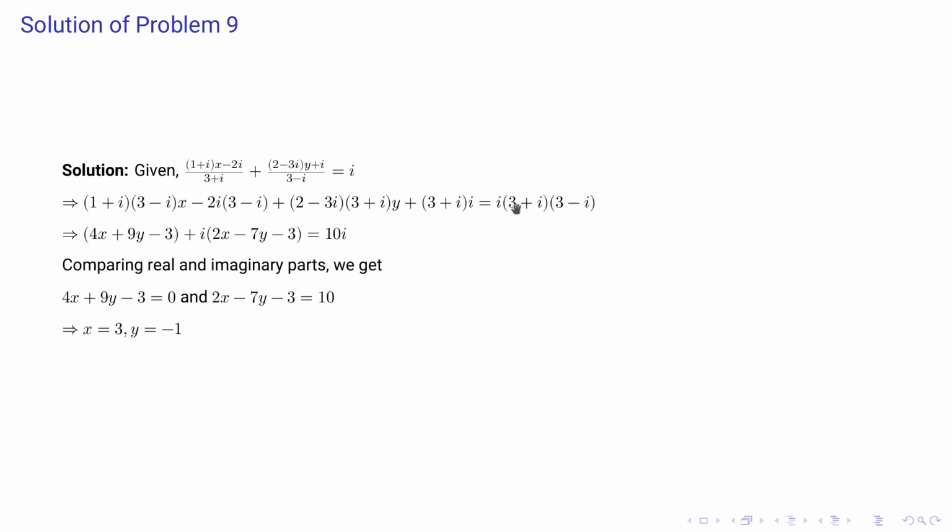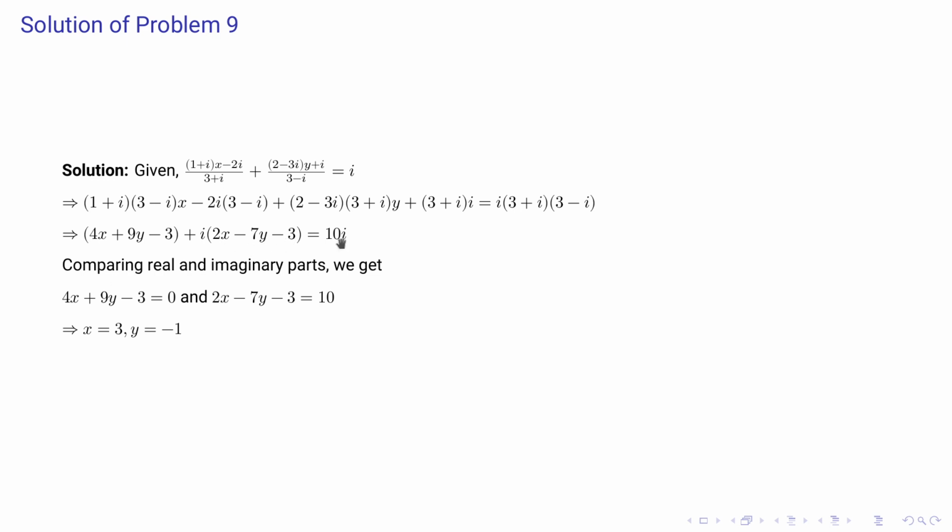So the right hand side becomes i(3 + i)(3 - i). Now you observe that 3 + i and 3 - i are conjugates of each other, so the product will be x^2 + y^2, that is 3^2 + 1^2, which is 10. After multiplication and simplification, we get 4x + 9y - 3 as the real part and i(2x - 7y - 3) as the imaginary part.